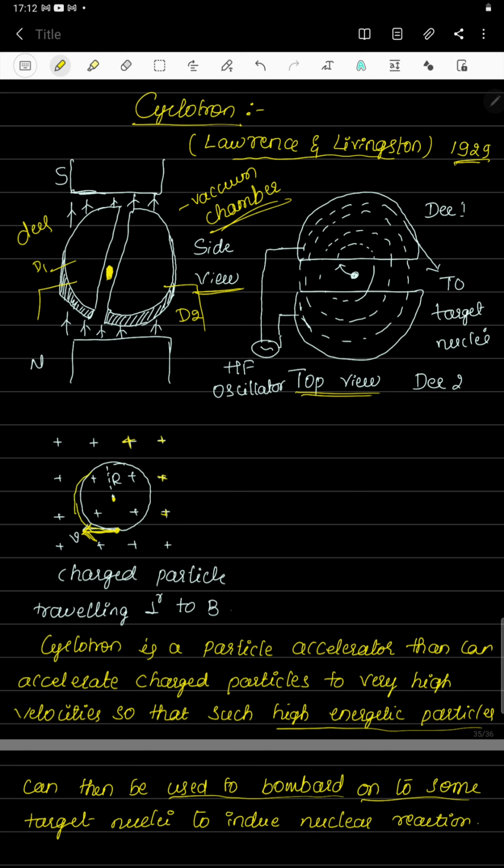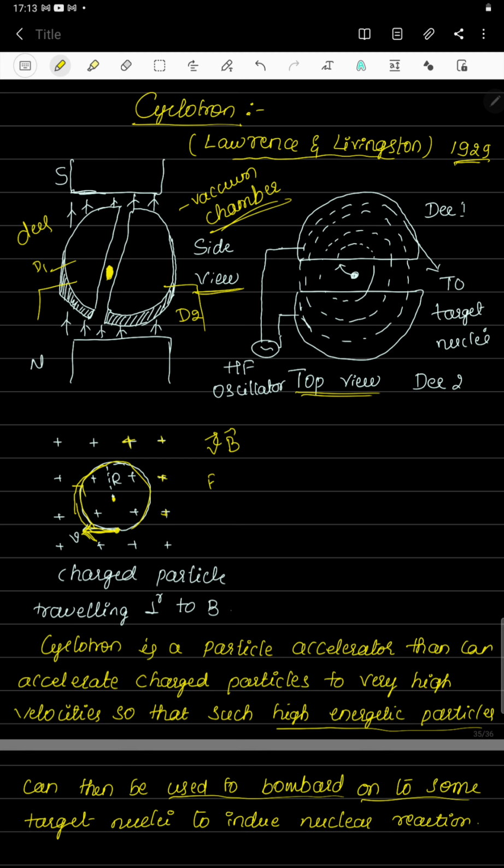In a linear accelerator the particle accelerates along a straight line, but here, because of the magnetic field, the velocity vector and the magnetic field are at right angles to each other. So the charged particle experiences the Lorentz force, and because of this it follows a circular path. On this principle the cyclotron works.